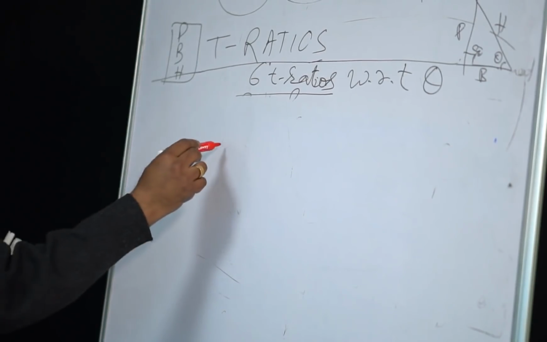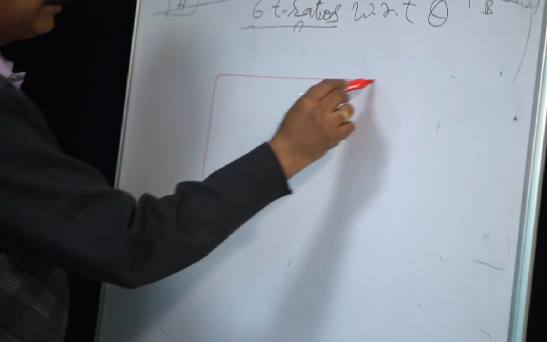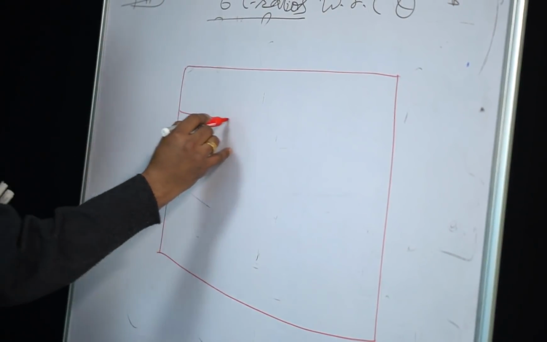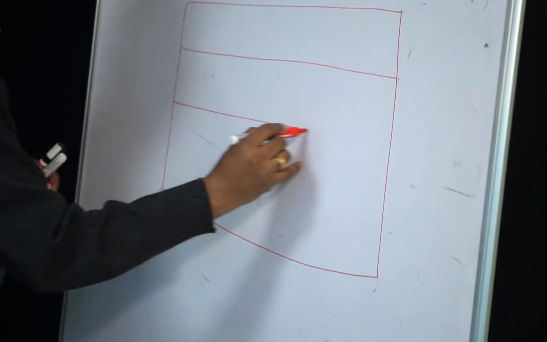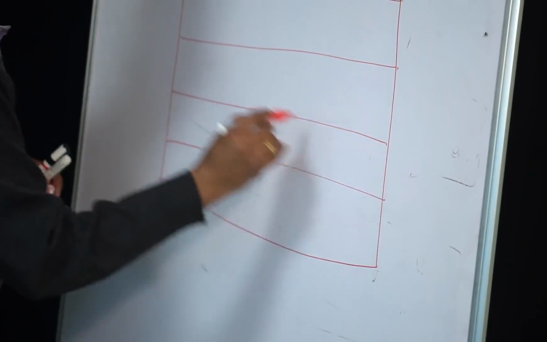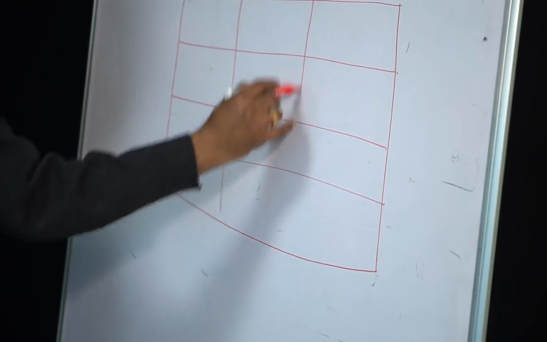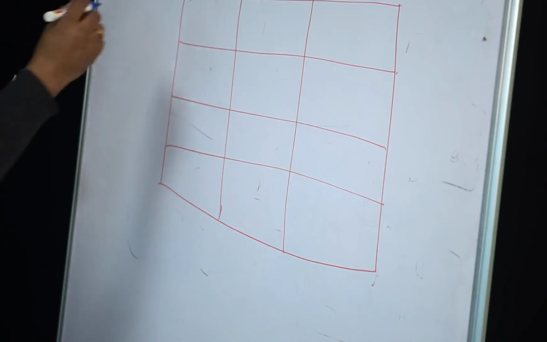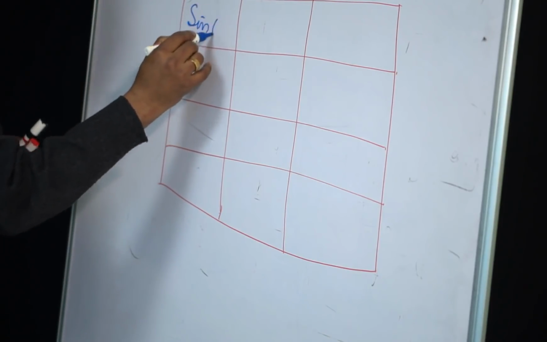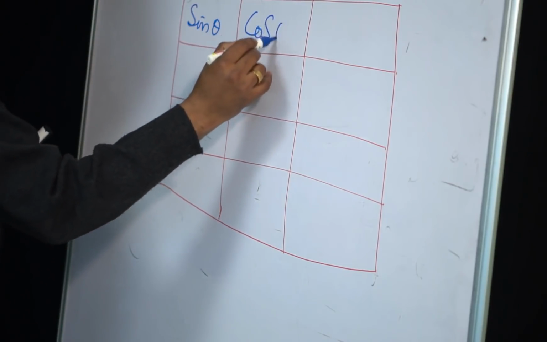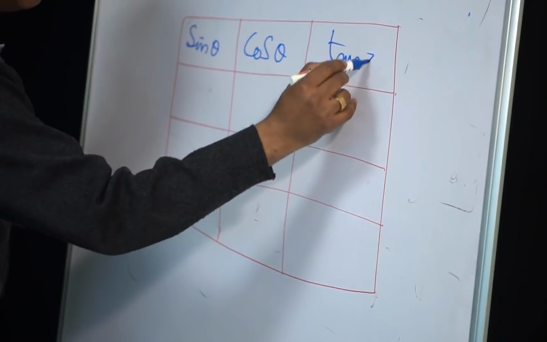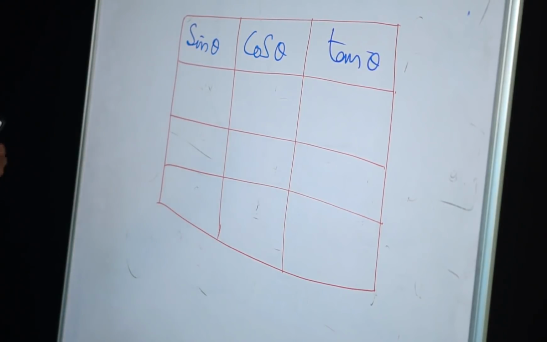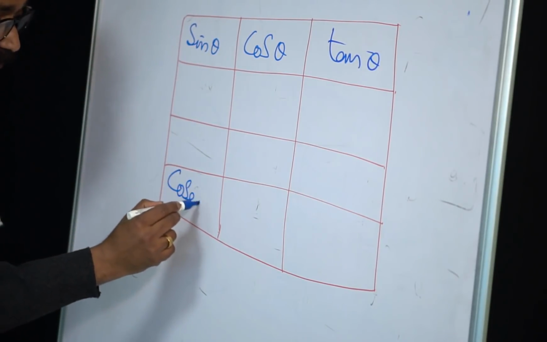Okay, look at this. This is the flow chart. Look at here. I'm writing here sine theta, cos theta, tan theta. And we write down the reciprocal of sine, what I told you, cosec theta.